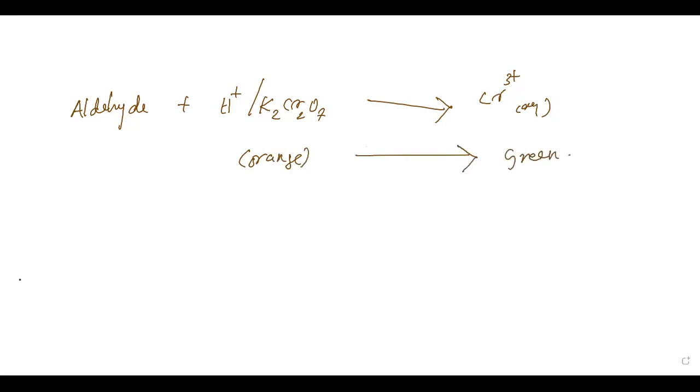So let's rewrite the reaction. The aldehyde reacting with your dichromate ion. What is the color of the dichromate?